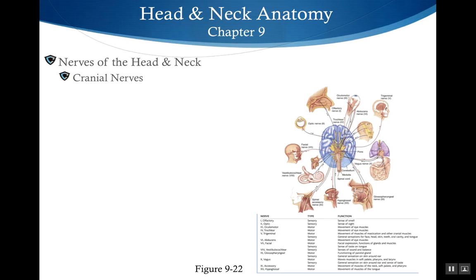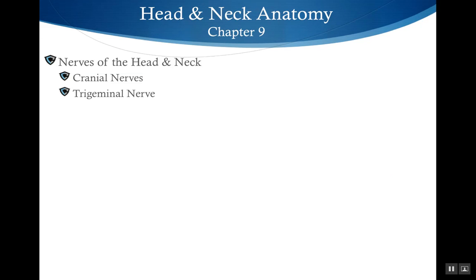We're most concerned with cranial nerve 5, the trigeminal nerve, cranial nerve 7, which is the facial nerve, cranial nerve 9, which is the glossopharyngeal, cranial nerve 10, the vagus nerve, cranial nerve 11, which is the accessory, and cranial nerve 12, which is the hypoglossal. So let's talk about the trigeminal nerve, or cranial nerve 5.